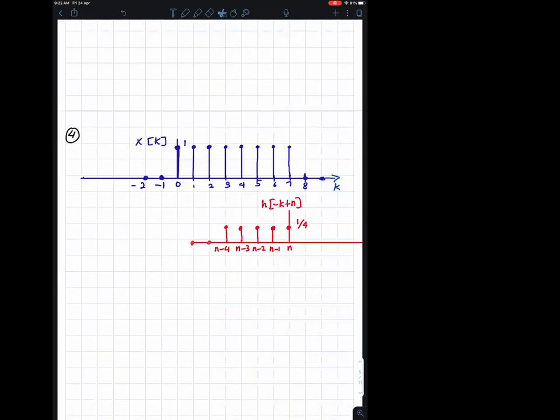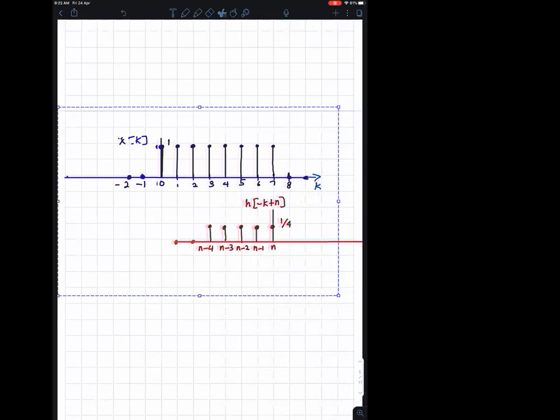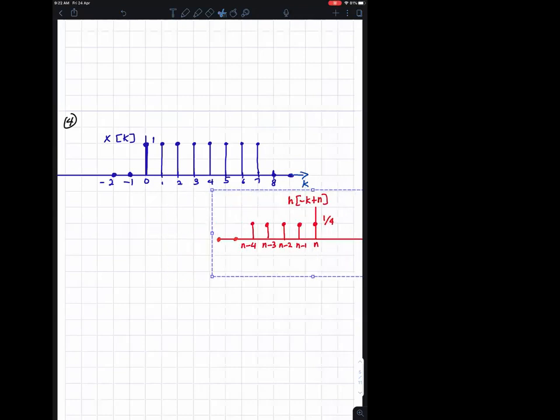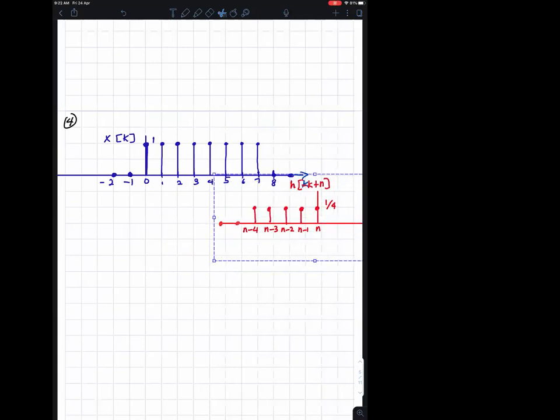Okay, you have to continue to move. So now you're going to continue to slide over until you overlap the left hand with the right hand. So you have to do the overlap.